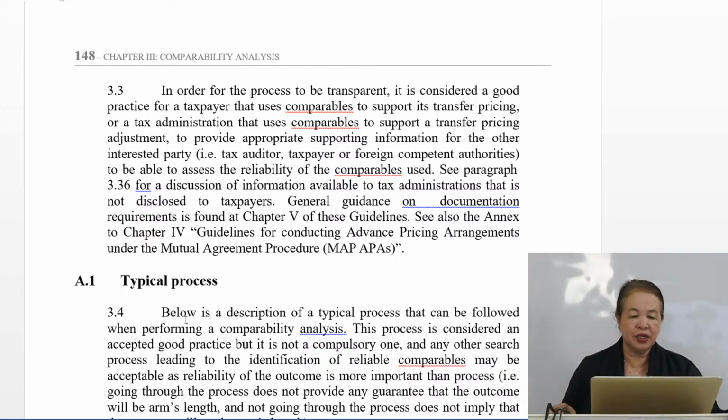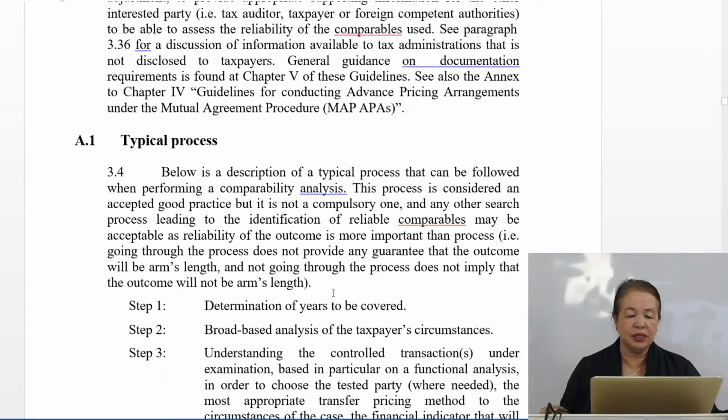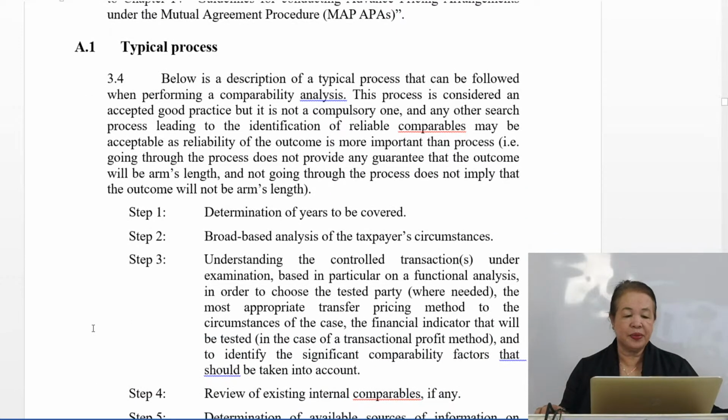So see paragraph 3.36 for a discussion of information available to tax administrations that is not disclosed to taxpayers. So general guidance on documentation requirements is found at chapter 5 of these guidelines. See also the annex to chapter 4, guidelines for conducting advance pricing arrangements and the mutual agreement procedure, MAP or APAs. No?